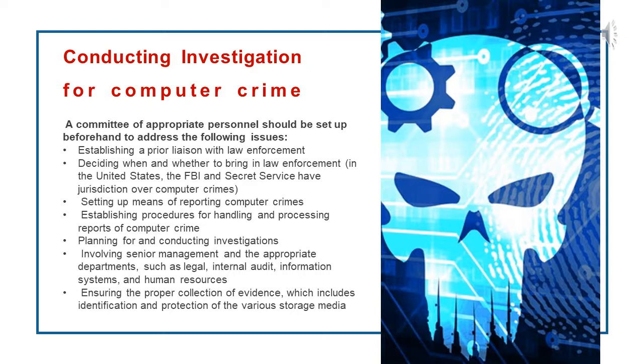So, a committee of appropriate personnel should be set up beforehand to address issues like the following. We have establishing a prior liaison with law enforcement. Then we have deciding when and whether to bring in law enforcement. So in the United States, the FBI and Secret Service have jurisdiction over computer crimes, etc. Then we have setting up means of reporting computer crimes, and establishing procedures for handling and processing reports of computer crime.